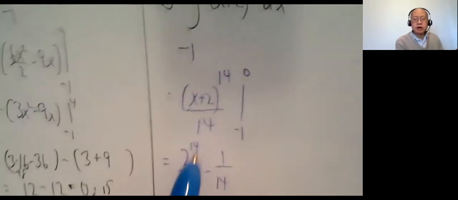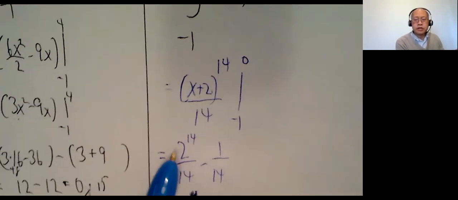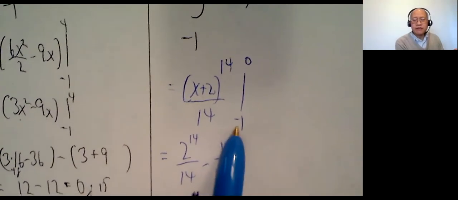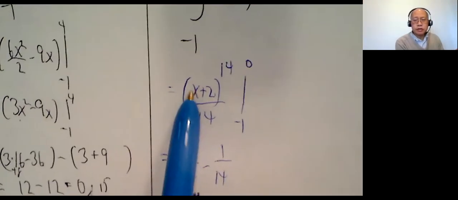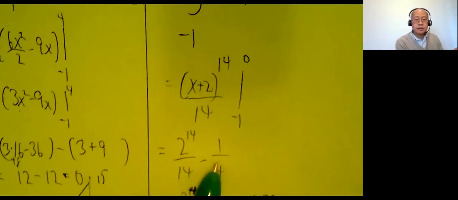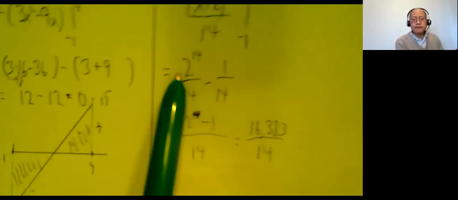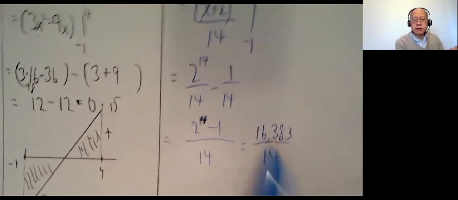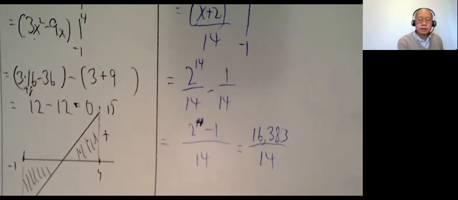Okay, so I'm going from -1 to 0. Okay, plug in 0, you have 2 to the 14th, which is a super big number. Plug in -1, -1 plus 2 is 1. 1 to the 14th power is still 1. Okay, so you have 2 to the 14th minus 1. Punch it in your calculator, 16,383, over 14.